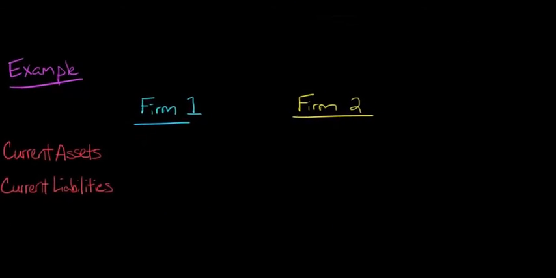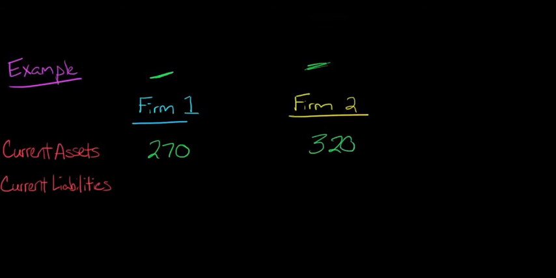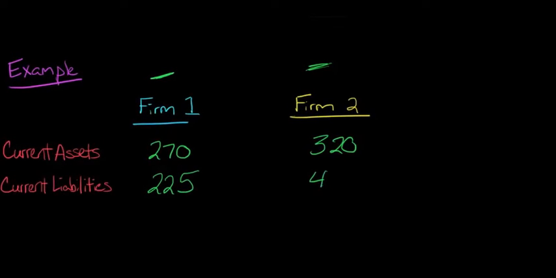Let's put some numbers to this. In terms of current assets, firm 1 has $270 and firm 2 has $320. In terms of current liabilities, firm 1 has $225, and firm 2 has $400.